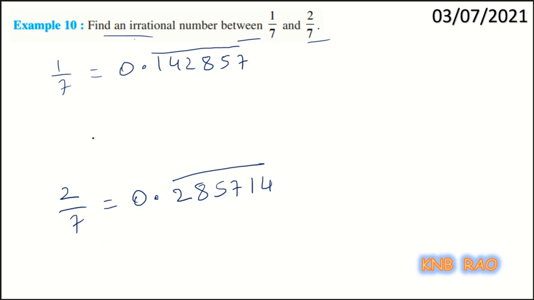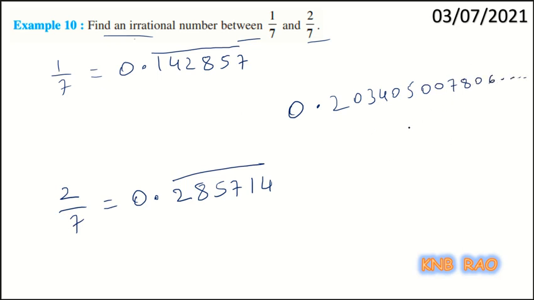Now, I have to find in between this an irrational number. How can I find? It is so simple. 0.14 after and 0.28 prior. That means a little more than 14, a little less than 28 I have to find. So, I will take 2, that can be taken. So, 0.2034050078006 and so on.